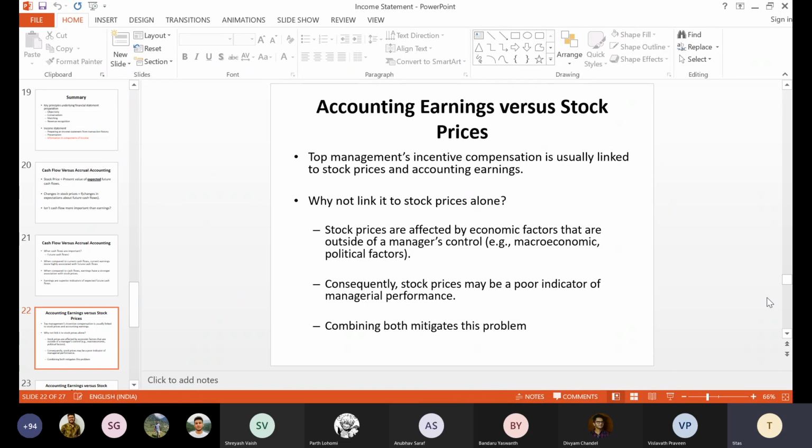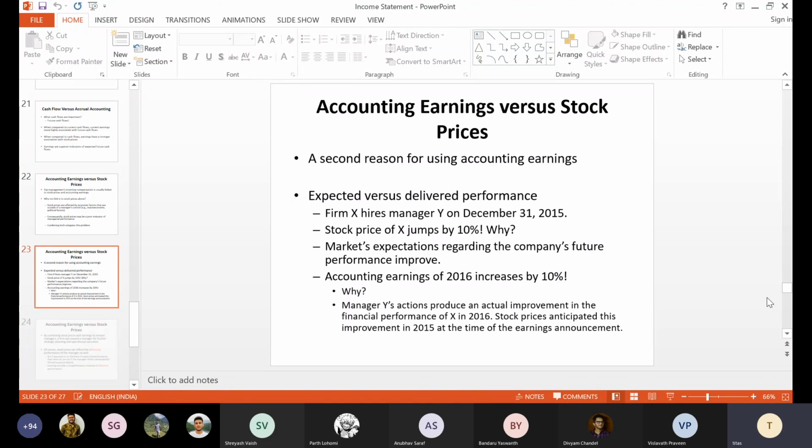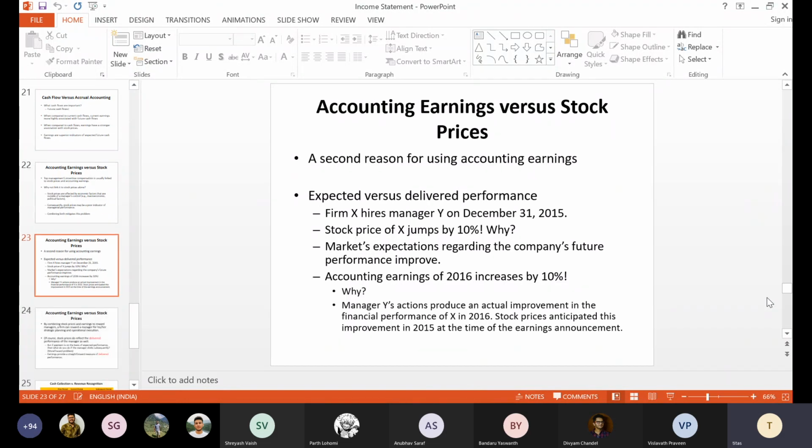Or the price is going low, the management is doing bad, that may not be, because there may be other factors also. So now if we combine both the accounting earnings and the stock prices, that is the historical performance and the future expected performance, and then we incentivize the management, it mitigates the problem.